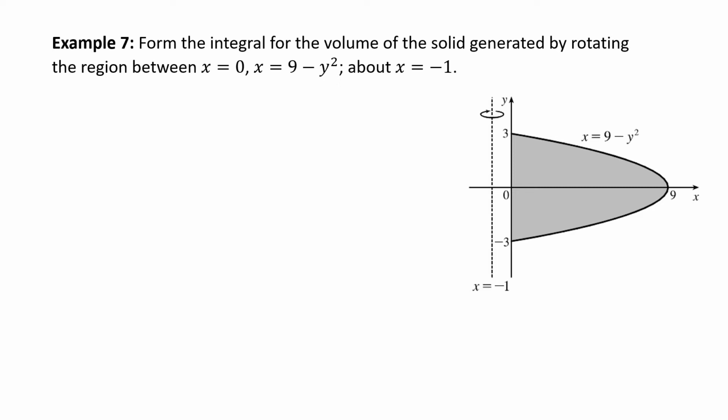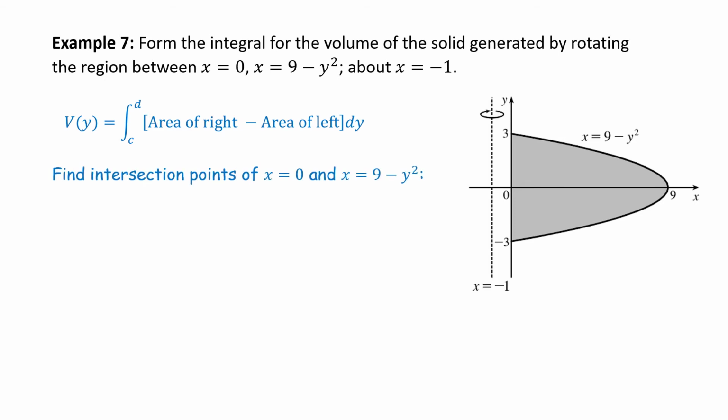Note, the vertical line x equals -1 is sketched with dashed lines. The volume we seek, V, is the integral from c to d of the area of the right minus the area on the left, dy. Let's algebraically find the points of intersection of x equals 0 and x equals 9 minus y squared.